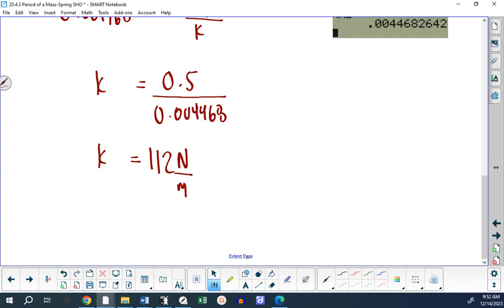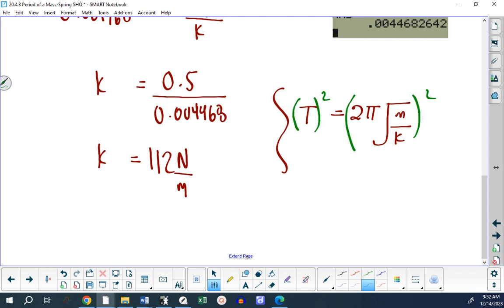If you take this formula and you square both sides, and let's face it, the problematic aspect of this formula is that square root. That's the stumbling block. So if we get rid of it right out of the gate, this is what we get. I've squared the t, it's t squared.